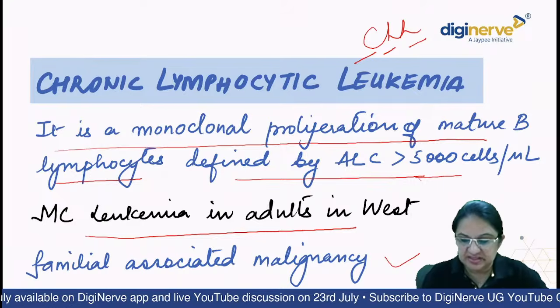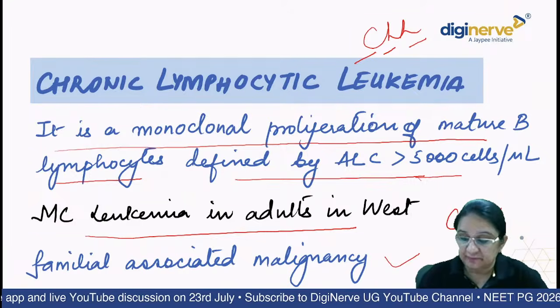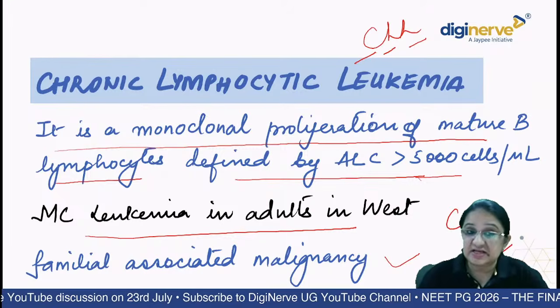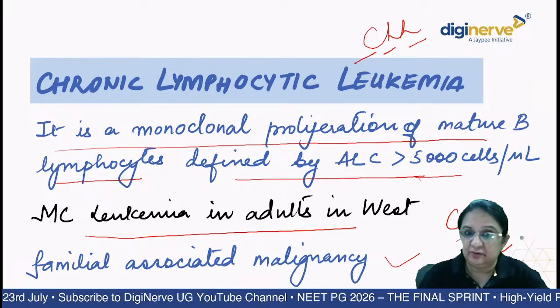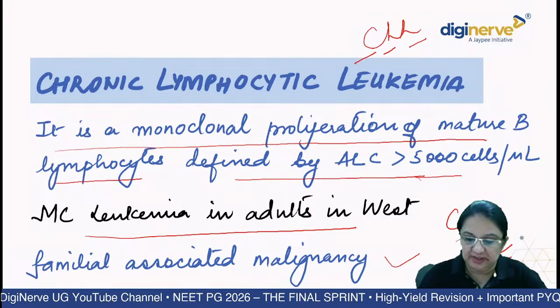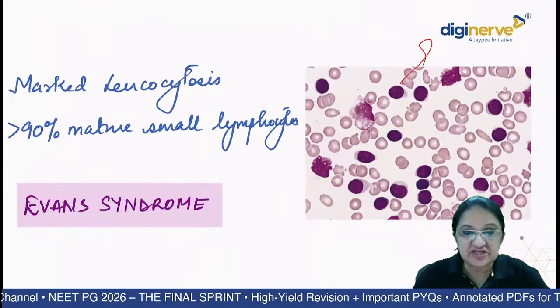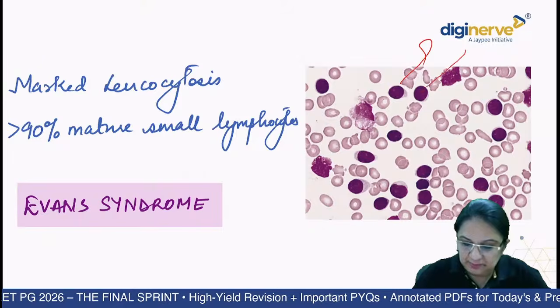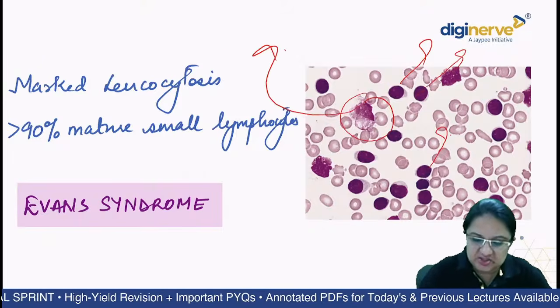So remember CLL, here the cells don't die. CML, the cells are multiplying. CLL, calm lymphatic, don't die. CML, the cells are rapidly dividing or multiplying. Now, again, you will see marked lymphocytes here, mature lymphocytes, plus the very characteristic feature, you will see smudge cells.